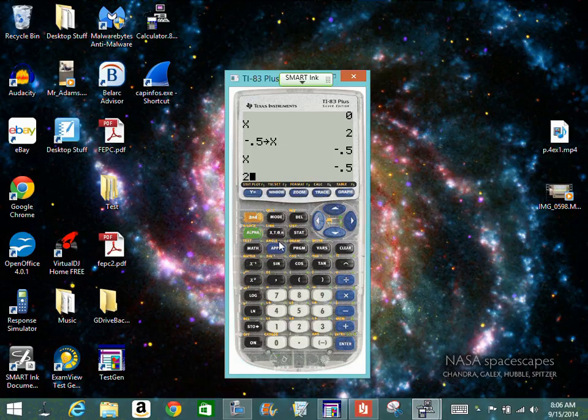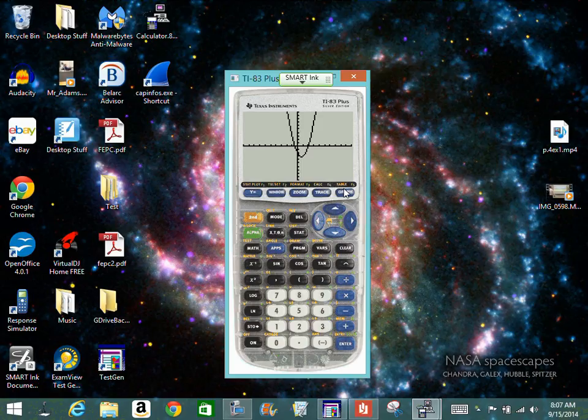Now if I enter 2x squared minus 3x minus 2, it's going to evaluate my expression at x equals negative 1/2. So what should the answer be? It should be 0, right? Because that's what we solved.